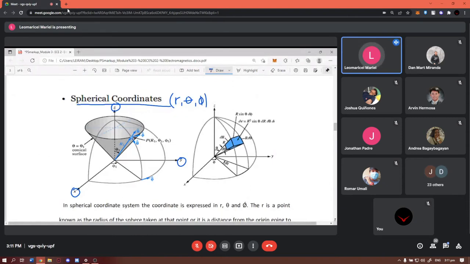So ito yung ating x, y, and z. Example, andito yung ating particular point. Paano natin i-describe yon? In terms of r, theta, and phi. Mapapasin natin dalawa yung ating angle: the theta, expressed in degrees, and the phi, also in degrees. So nasaan yung mga coordinate na yan?